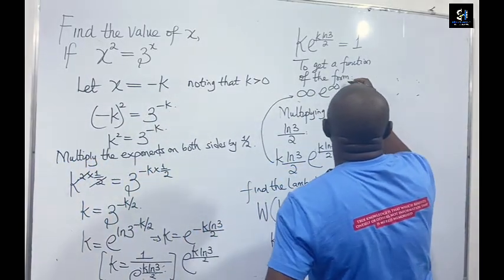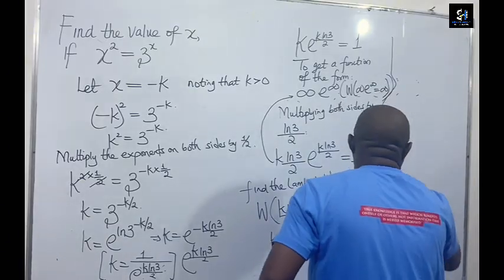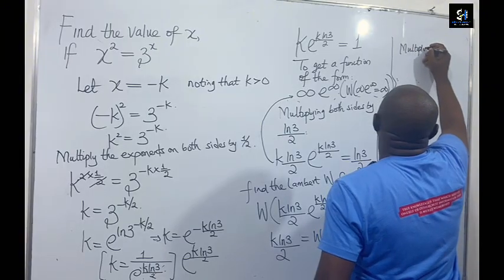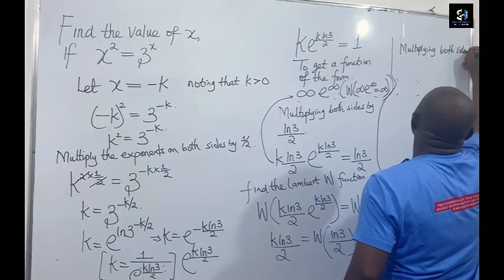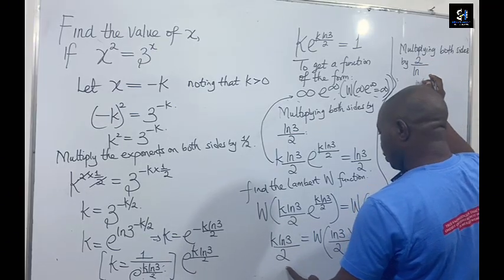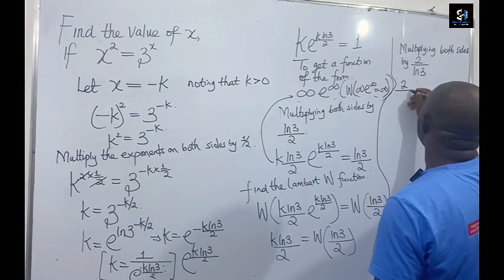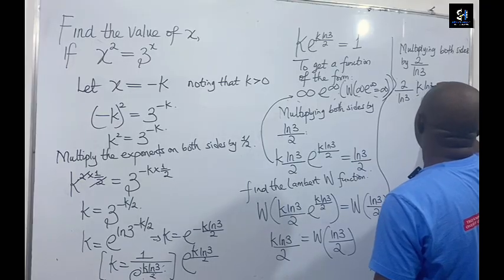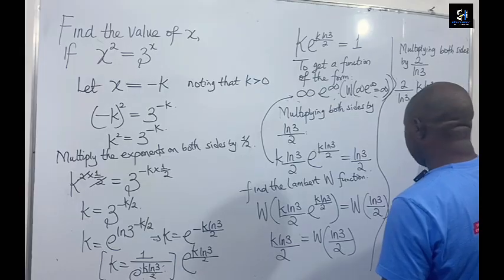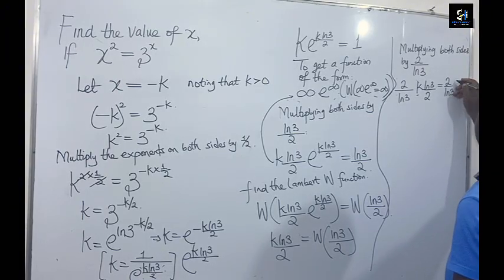So on the left hand side we're going to have 2 over ln 3 multiplied by k ln 3 over 2, equals, and I'm going to multiply the right hand side by that as well, 2 over ln 3 times the Lambert W function of ln 3 over 2.